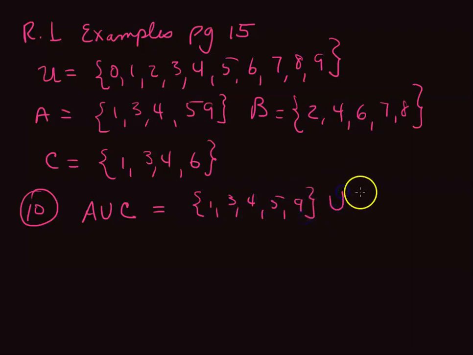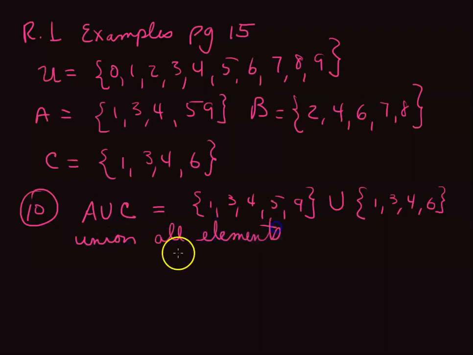Union C is the set 1, 3, 4, 6. For the union, we want to use all elements. So this is going to be the 1, the 3, the 4, the 5, the 9, and then, well, I already got 1. I've already got 3. I've already got 4. I just need the 6.